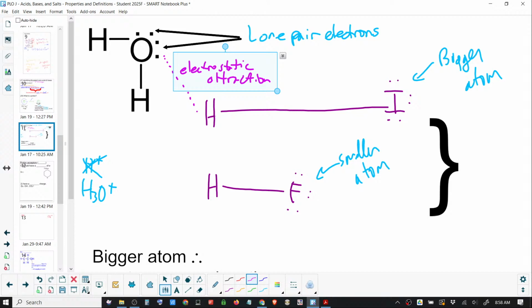So we have HI, and pretend they're the same distance. The only difference is who it's on. Which hydrogen is more likely to leave its partner? The H in HI. Why? It's farther away. Long distance relationships never work.